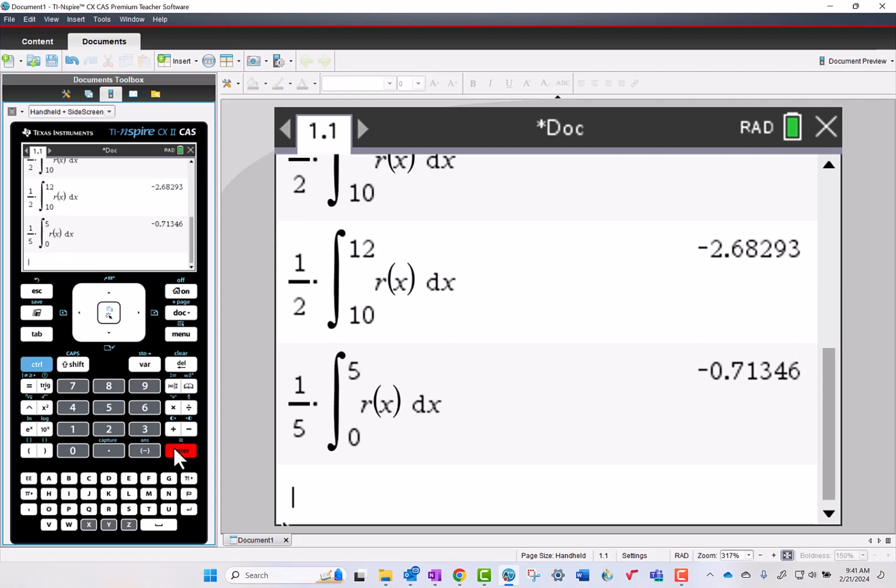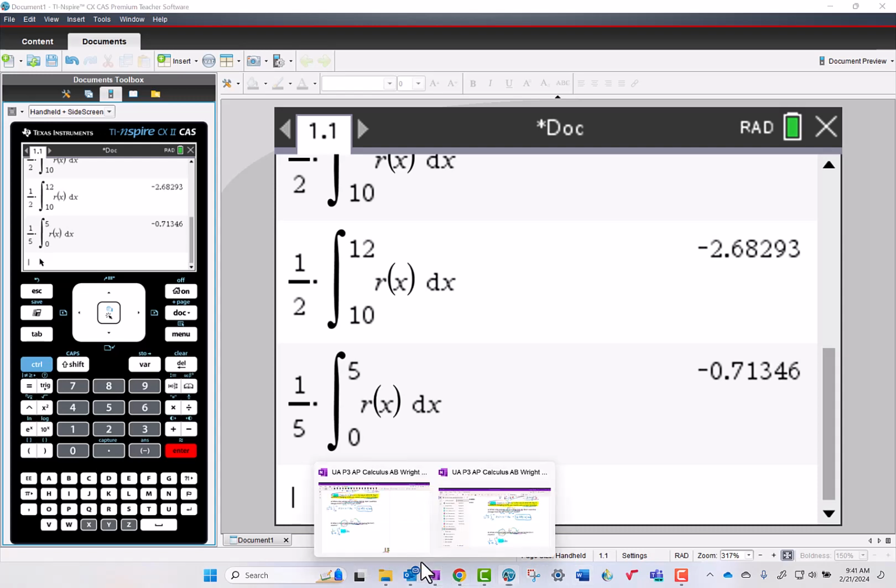So his waist is changing at a rate of down 0.7 in the first 5 months. But I guess his waist is changing faster. Do you see what I'm saying? It's going down quicker between months 10 and 12 than it was between months 0 and 5. We could write some kind of rate for, I don't want to talk about my waist changing, but it's entertaining.